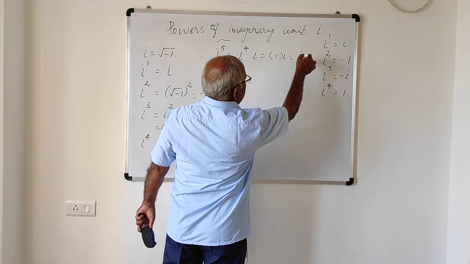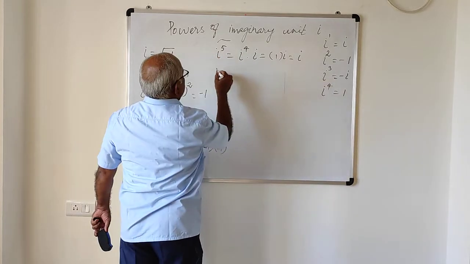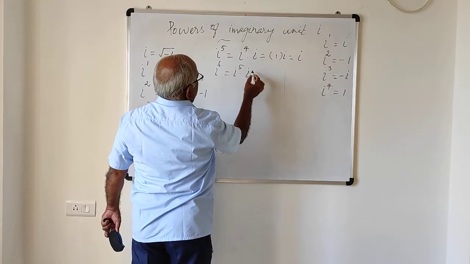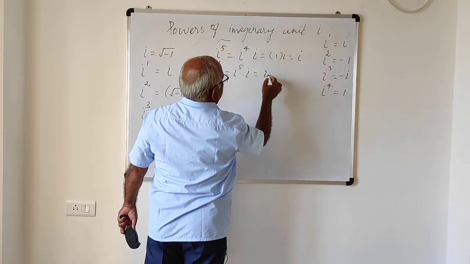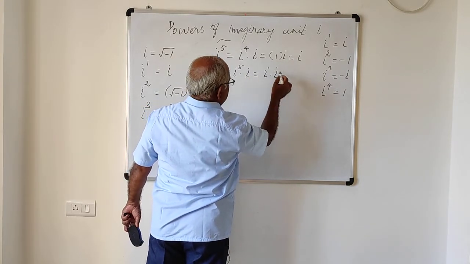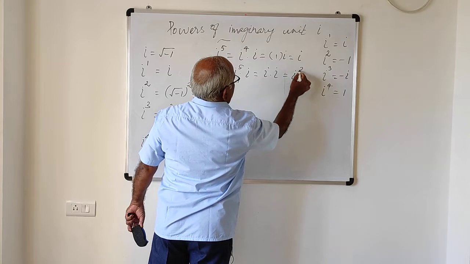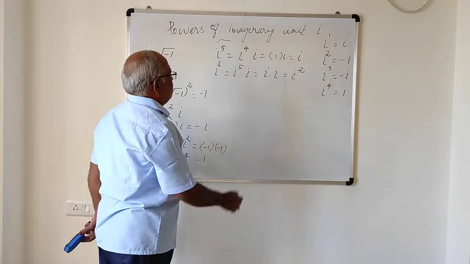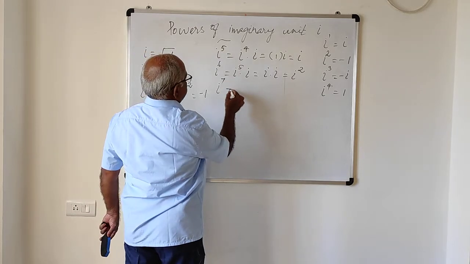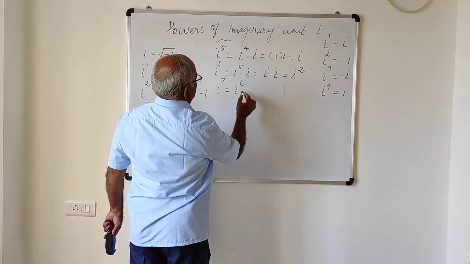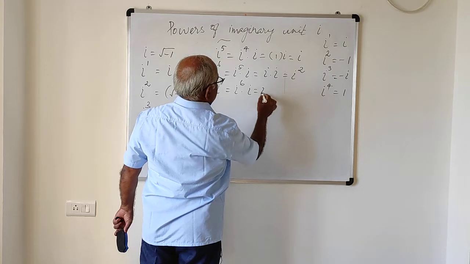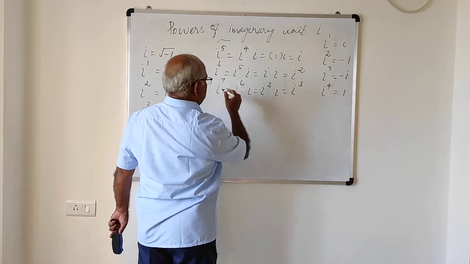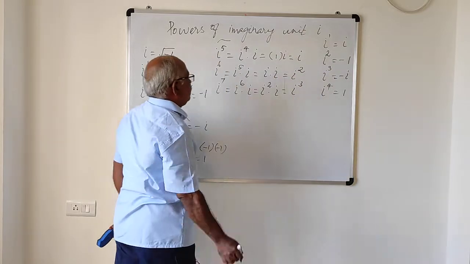So i power 5 is again i. i power 6 is i power 5 into i, that is i square, which is minus 1. i power 7 is i power 6 into i, which is i square into i, equal to i cube. So i power 7 is i cube.